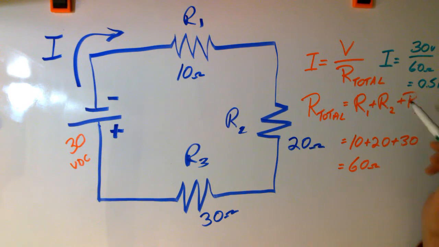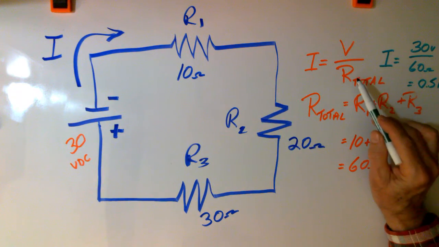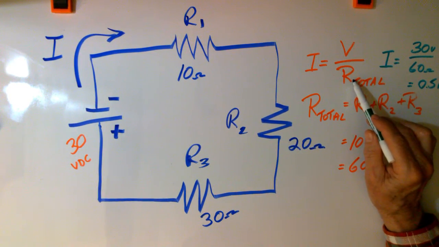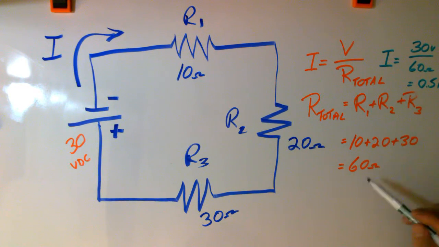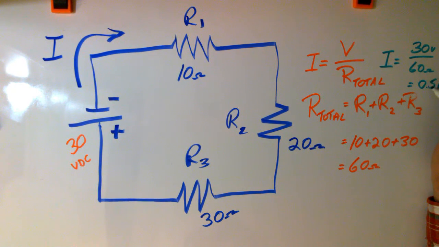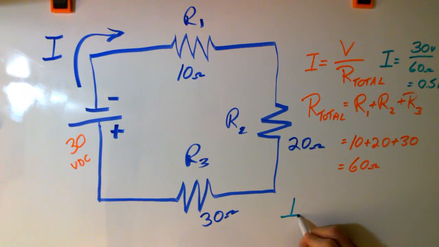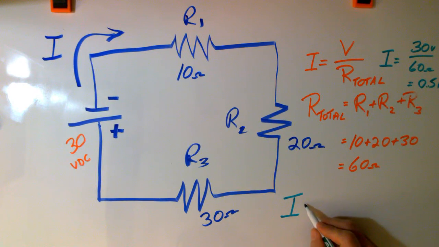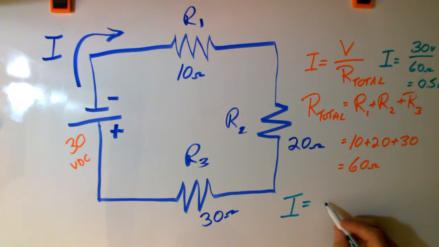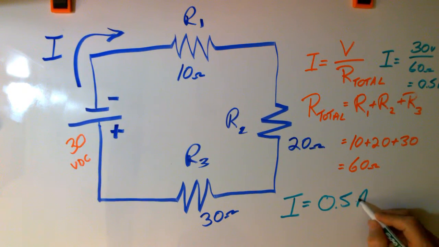Current flowing in the circuit is equal to the voltage of the battery divided by the total resistance, 60 ohms. So 30 divided by 60 is equal to 1/2, or 0.5 amperes. So current flowing in our series circuit is equal to 0.5 amps.